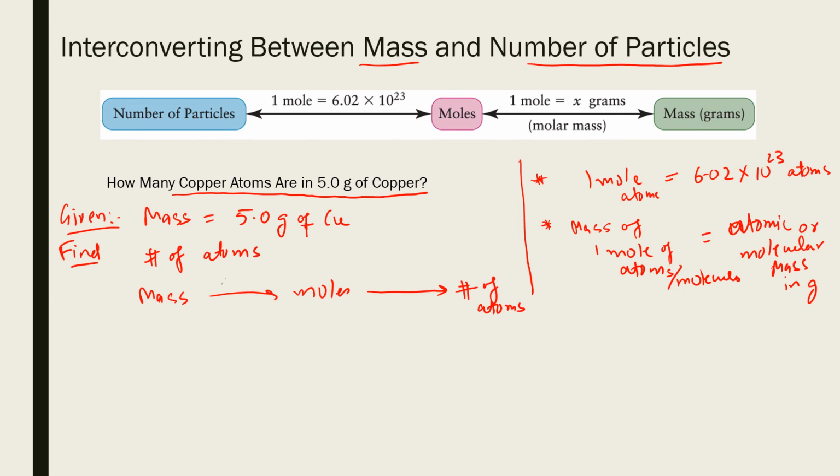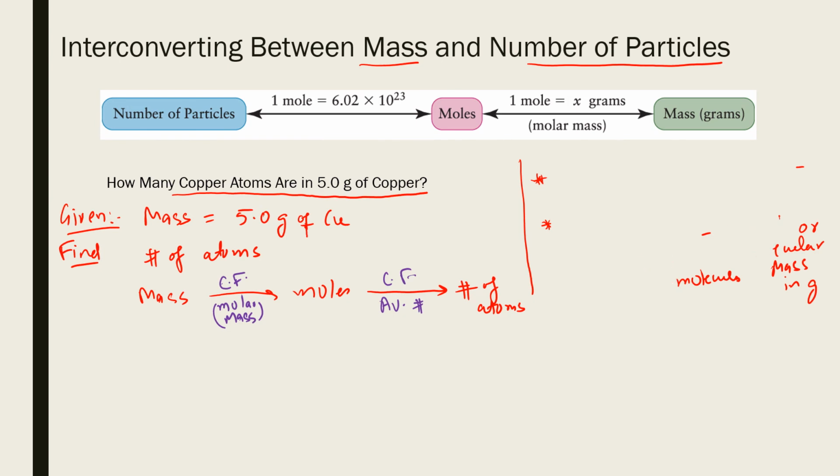So we're going to need a conversion factor. This conversion factor is going to come from the molar mass concept, and this other conversion factor is going to come from the Avogadro relationship, Avogadro number. Okay, so let's write these two equations for copper. It's going to be the same one, but now we're going to write specifically for copper.